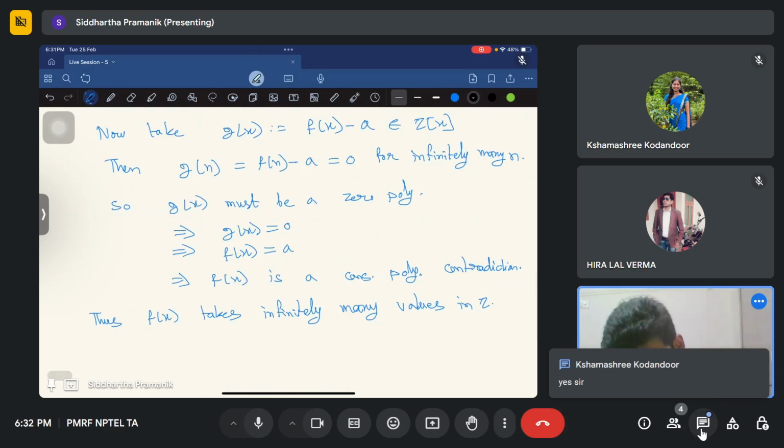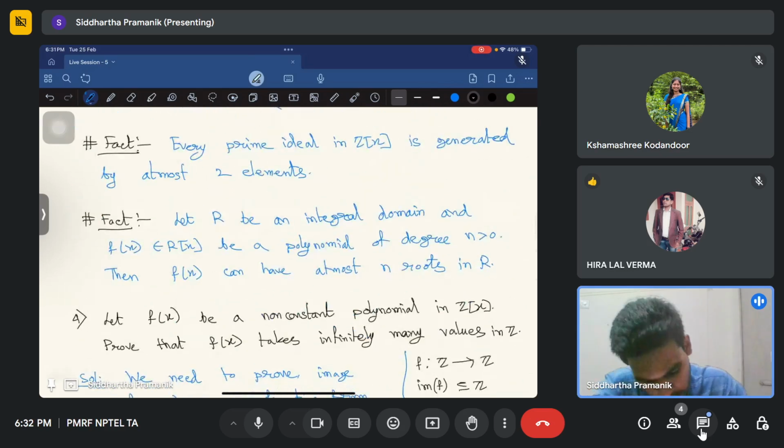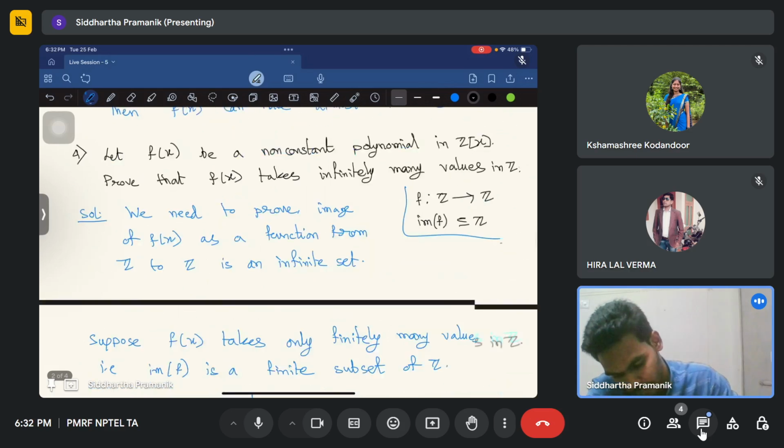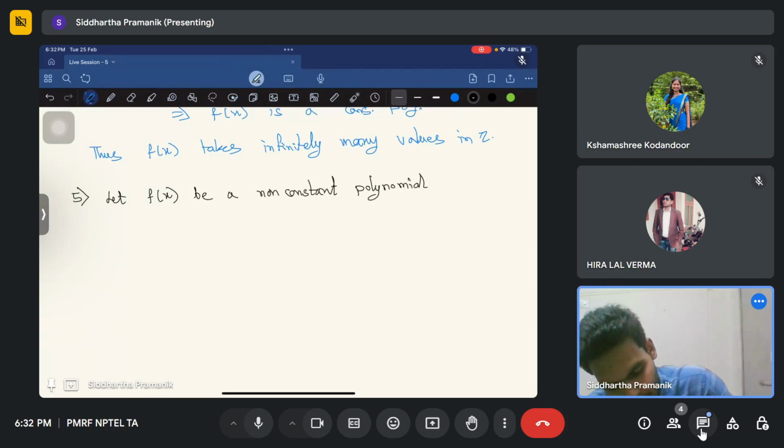So, if it is okay, let's do one interesting problem using this problem. So it is problem number 5. So again, let f(x) be a non-constant polynomial in Z[x].